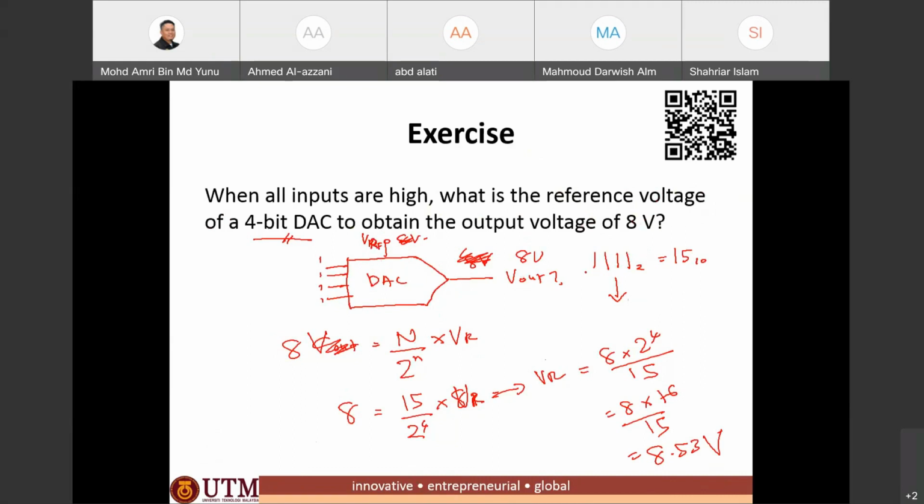So first step is to convert the 4-bit binary input, which is all high, meaning the input is 1111. We convert that into decimal value, we get 15. So in the formula, 8 equals 15 over 2 to the power of 4, because 4 bit places, multiplied with VR. So for VR we get 8.53 volt.